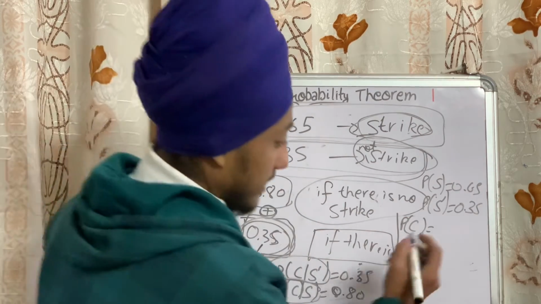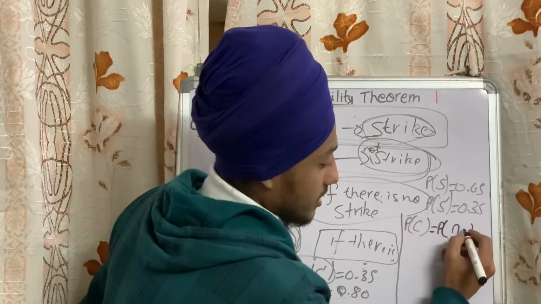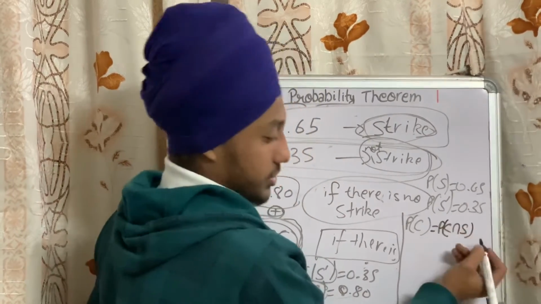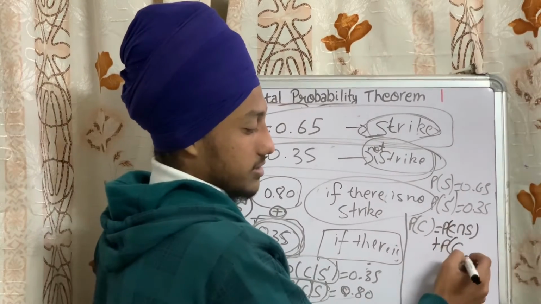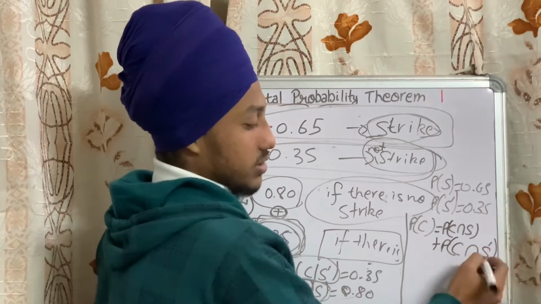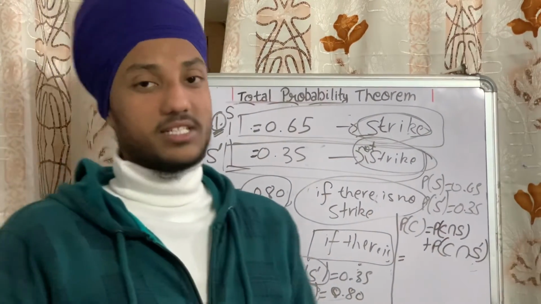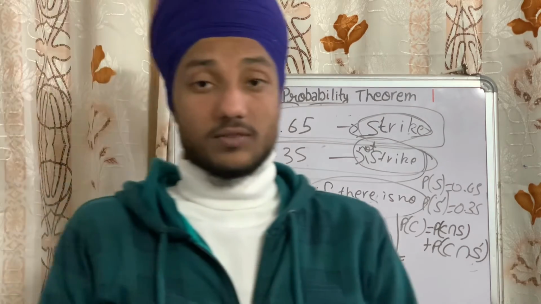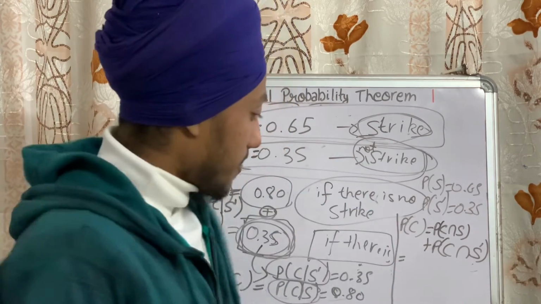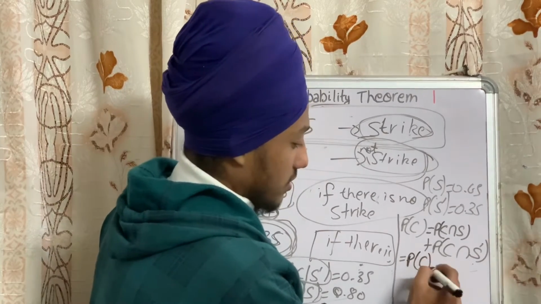We can write in a normal way: both strike and construction being done, and also construction being done but strike not happened. That's how we add up the total probability theorem, which we must practice by taking an example.